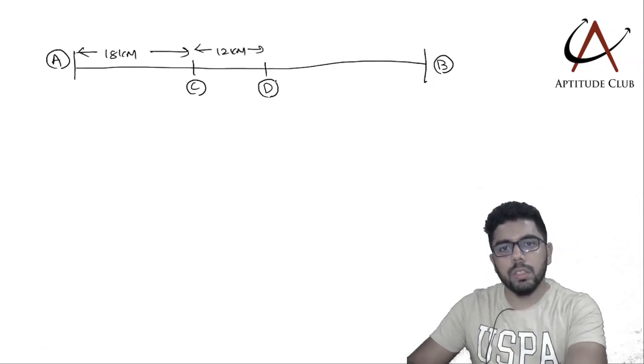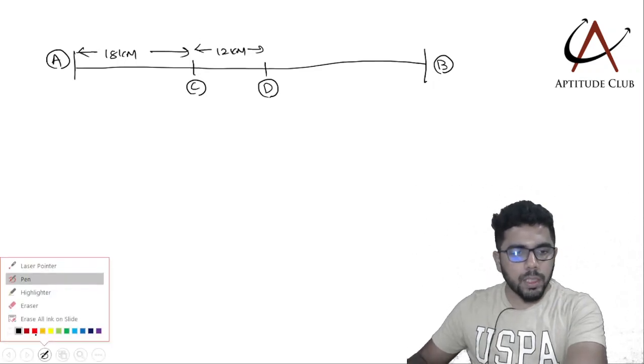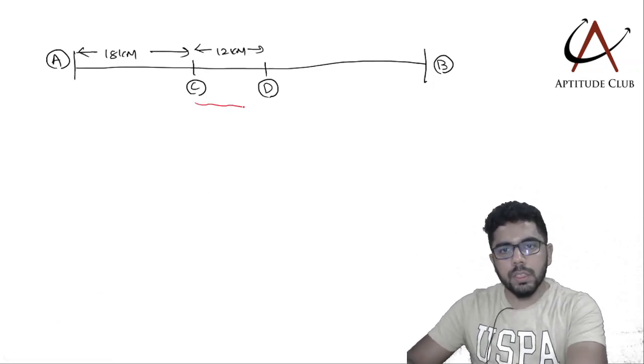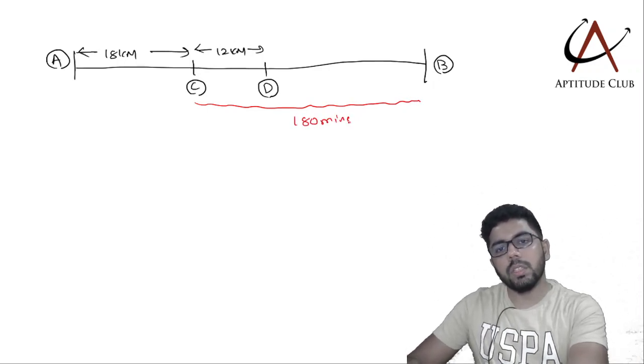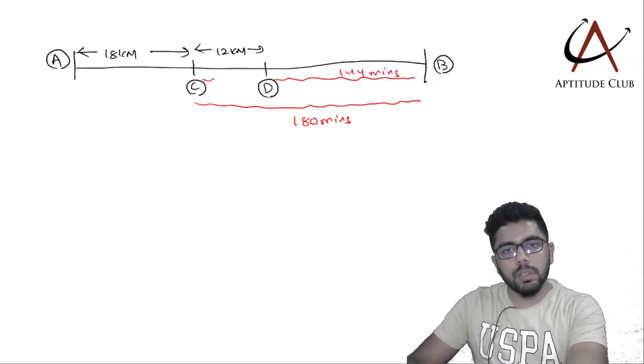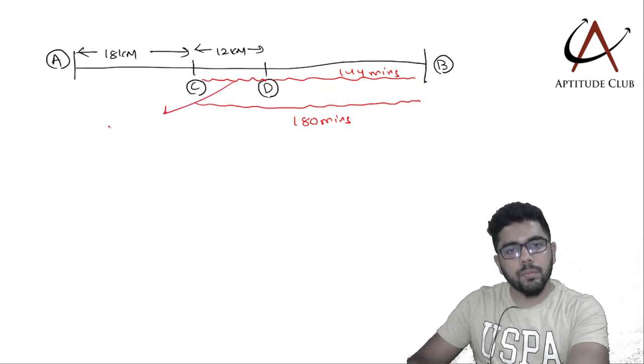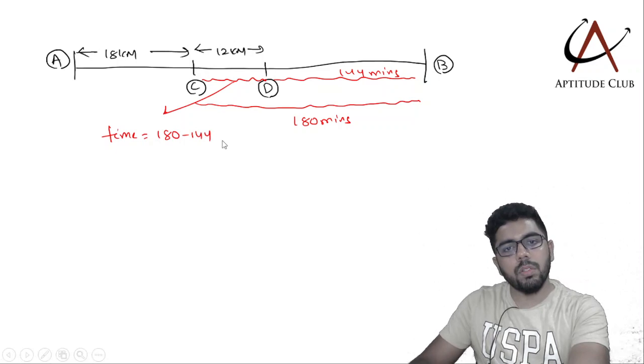We don't know what this distance is, but time wise I know that to cover CB distance, the time taken is 180 minutes. We got it in scenario 1. And to cover DB distance, the time taken is 144 minutes. That means to cover this distance, time taken is like 180 minus 144, 36 minutes.